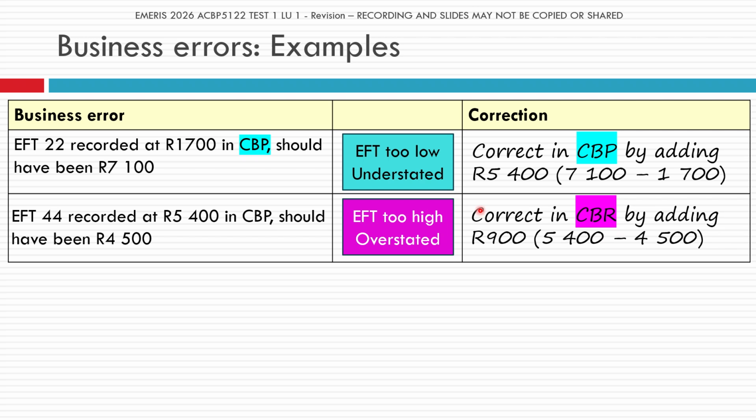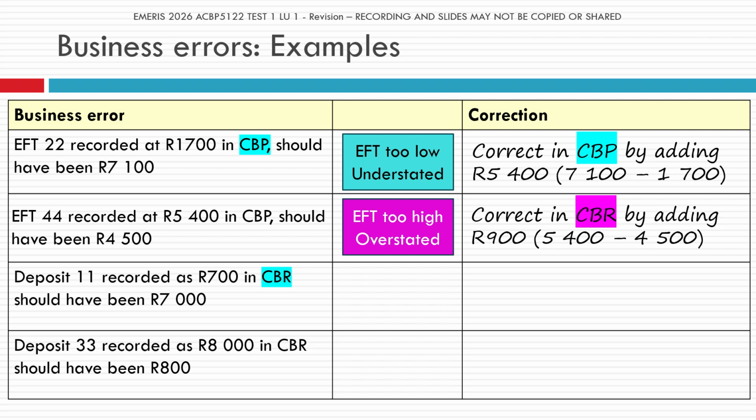This time around, we need to go to the opposite cash book and record it in the cash book receipts. So even though it is an EFT, the correction is made in cash book receipts, and once again, only the difference between the incorrect and correct amounts will be included in cash book receipts.